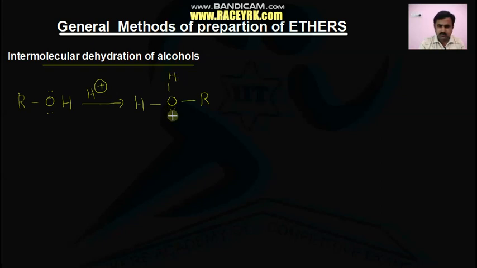You all know that the oxygen will become positive and an oxonium ion will be formed. This we will call the protonated alcohol. And immediately the SN2 reaction, which is followed by this primary alcohol, reacts again with another alcohol molecule. That means the other alcohol molecule will behave like a base and attack on this alkyl group to form a transition state for this SN2 mechanism.